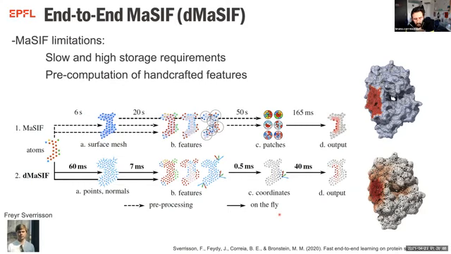So if you followed the whole story, what we were doing before was to create a mesh of a protein, and then we were using essentially handcrafted descriptors to map electrostatics, to map geometry, to map all those things. All of those things were done on top of the mesh that we had already computed for the structure.